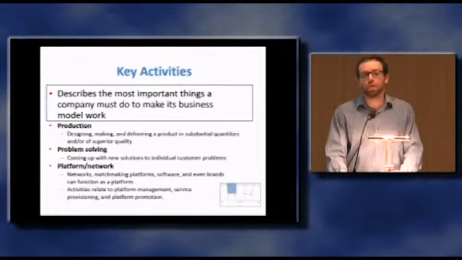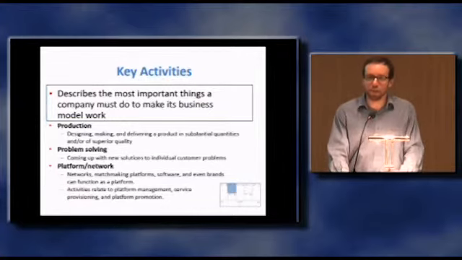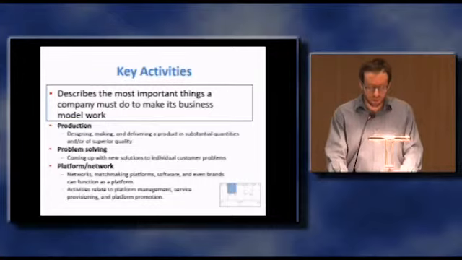But for a consultancy firm, the key activities may include a totally different activity, like problem solving or creating and generating studies. So these key activities will have to do with production, with problem solving, or networks, matchmaking platforms, and software.